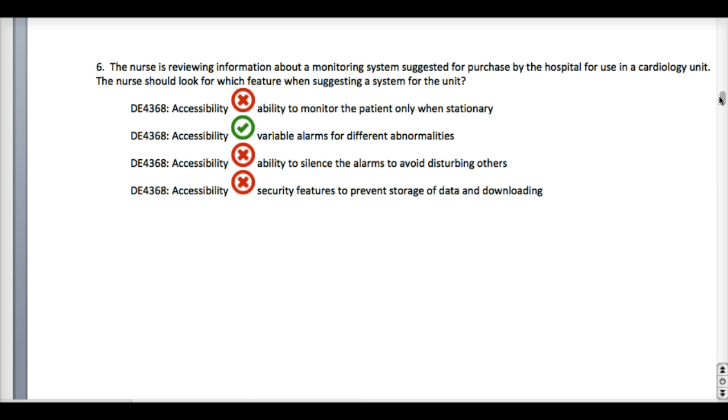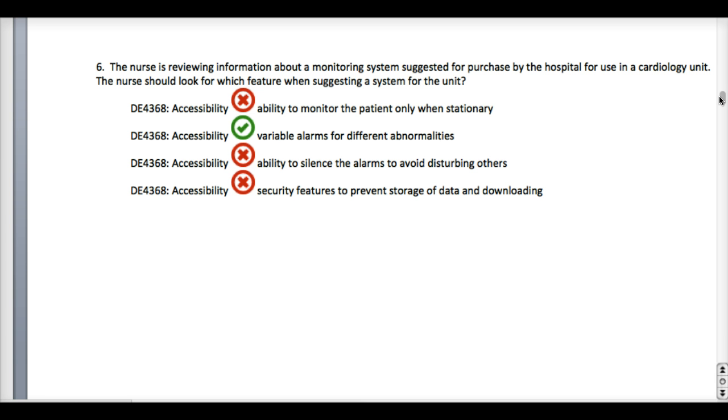The nurse is reviewing information about a monitoring system suggested for purchase by the hospital for use in the cardiology unit. So if I'm going to be helping to vet a monitoring system, what are the things that I'm going to want to consider?